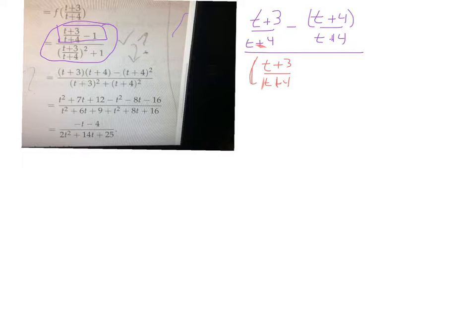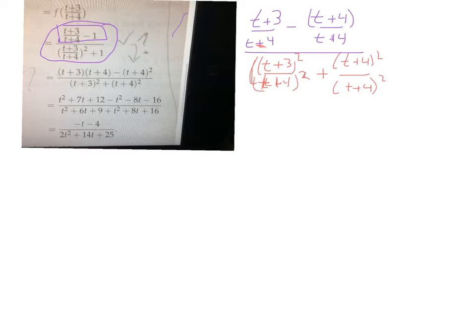All right. Instead of doing that, I'm going to write this squared and this squared because it makes more sense to look at it like that. It's the same thing. Plus, when I want to write 1 and use a common denominator this time, I'm going to use the t plus 4 squared denominator. And so I'm going to have t plus 4 squared over t plus 4 squared like that. Okay?